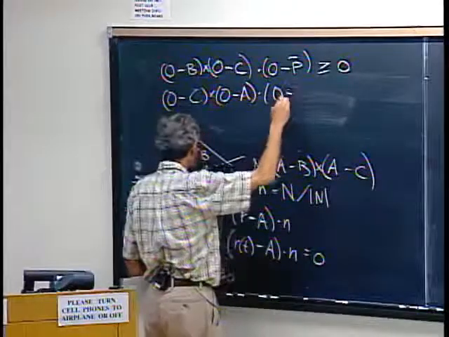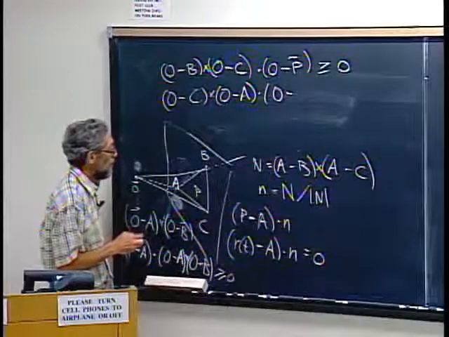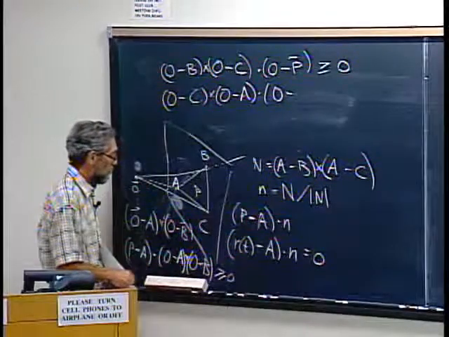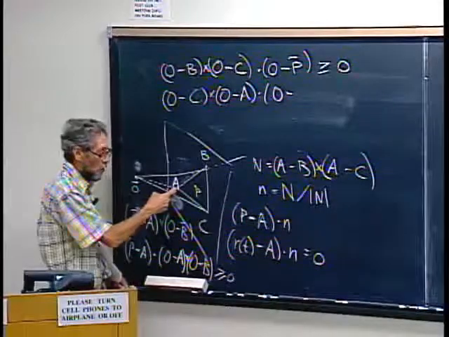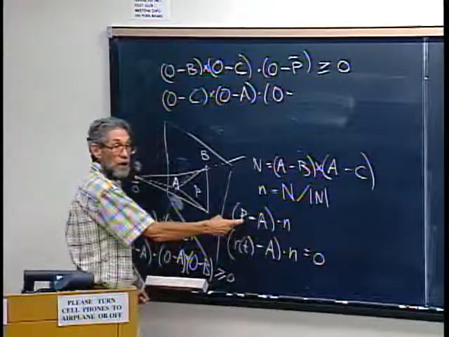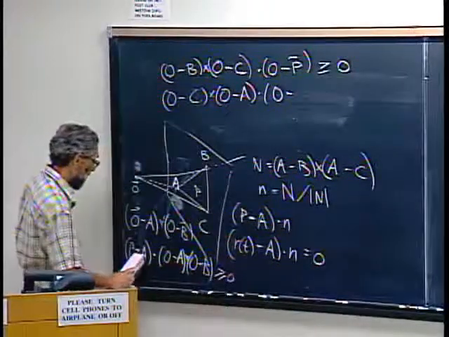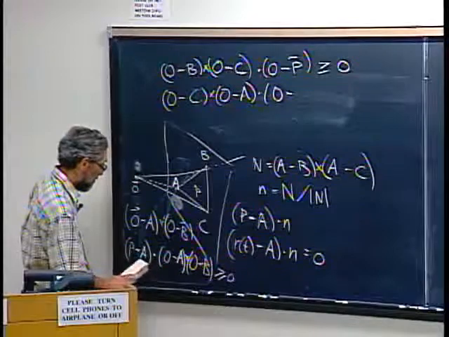Let's see, do I want O minus P or P minus O? I did this backwards, didn't I? I said O minus P, but really it's P minus O. The way I did this, O is the point on the plane, and P is the point that I'm testing. So each of these was written backwards. I did P minus A here.